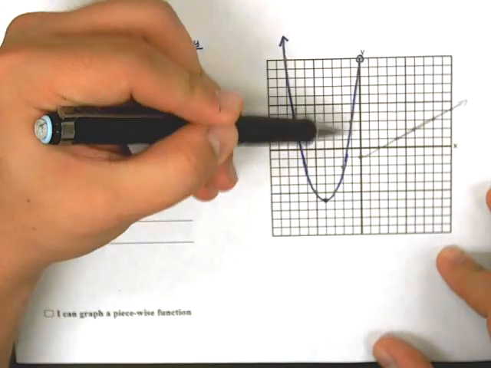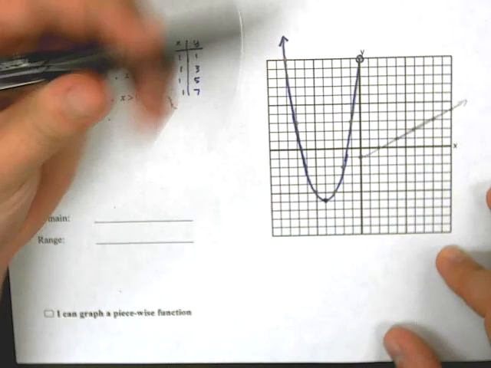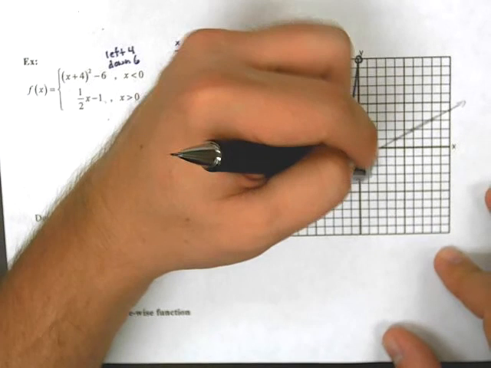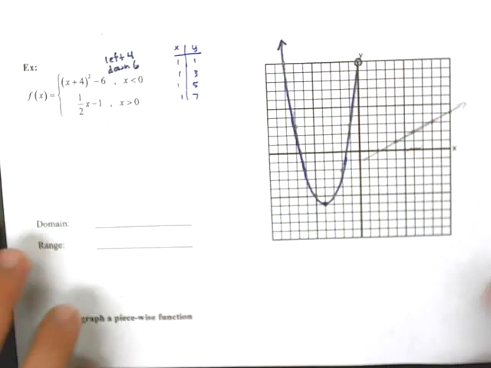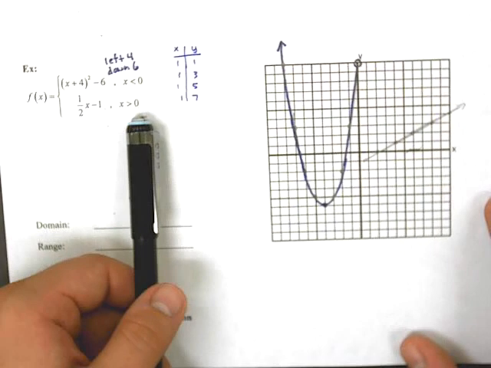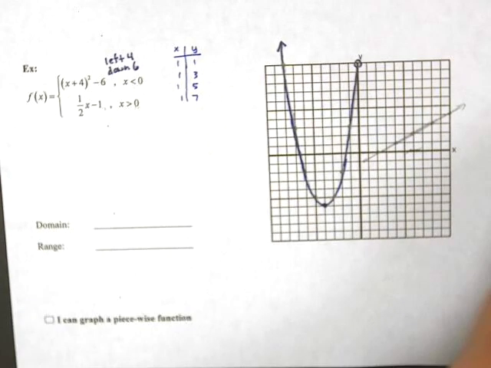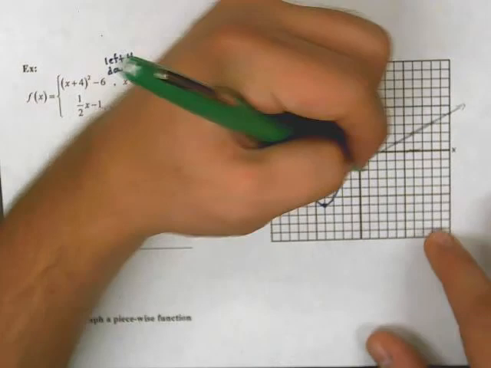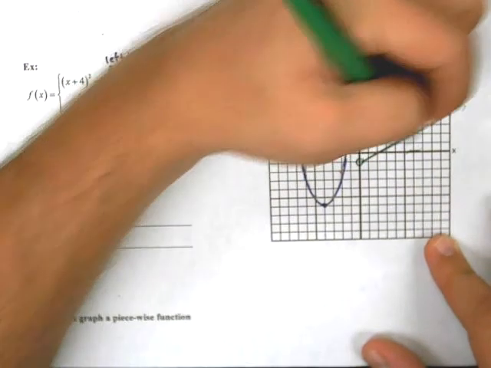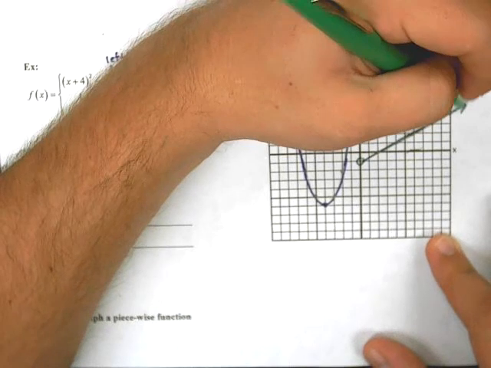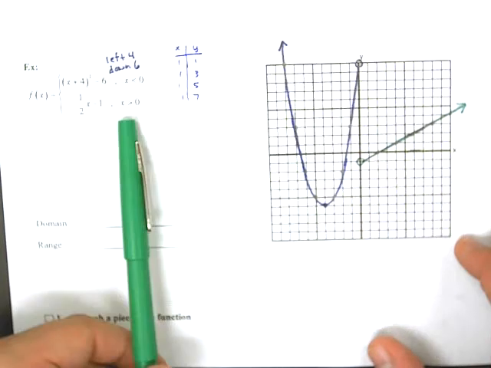Because I can't overlap with my parabola. So my last question before we go to our color is, what type of circle will it be? Will it be a closed point or an open point? And the answer is open. It is an open point, and the reason is because x cannot be 0.